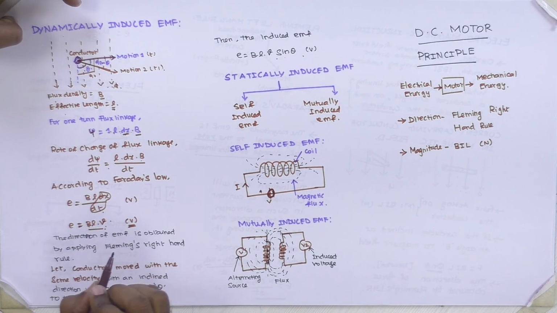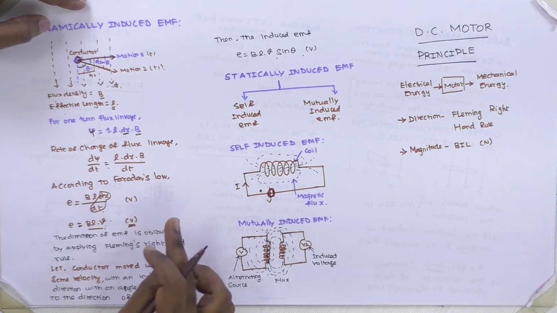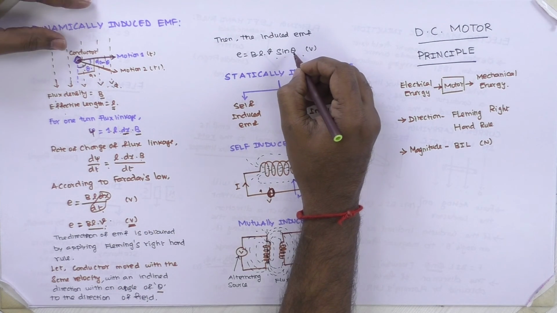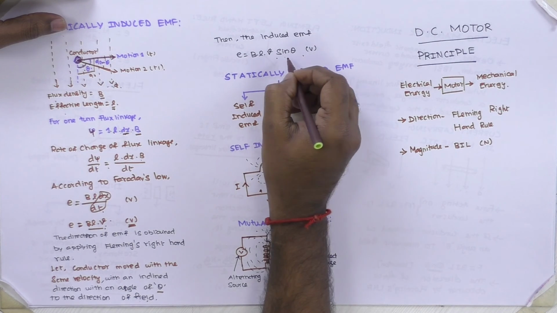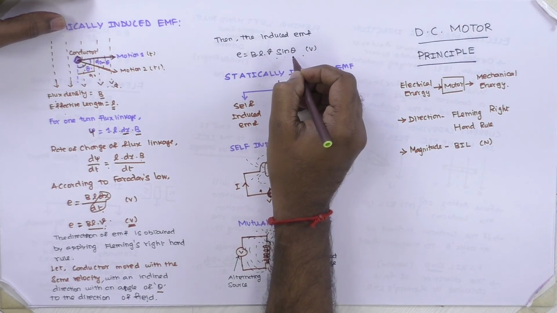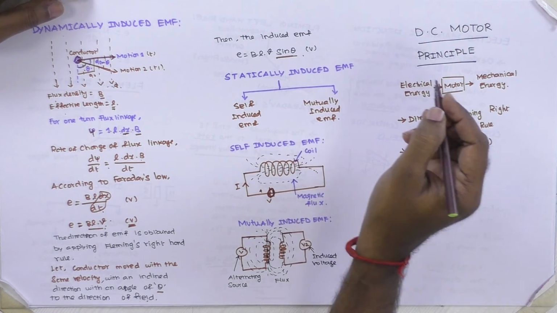Here the magnetic field is at right angle to the conductor. If it makes some angle theta, we can write the induced EMF E equal to BLV sin theta. So the EMF is reduced by the factor sin theta.